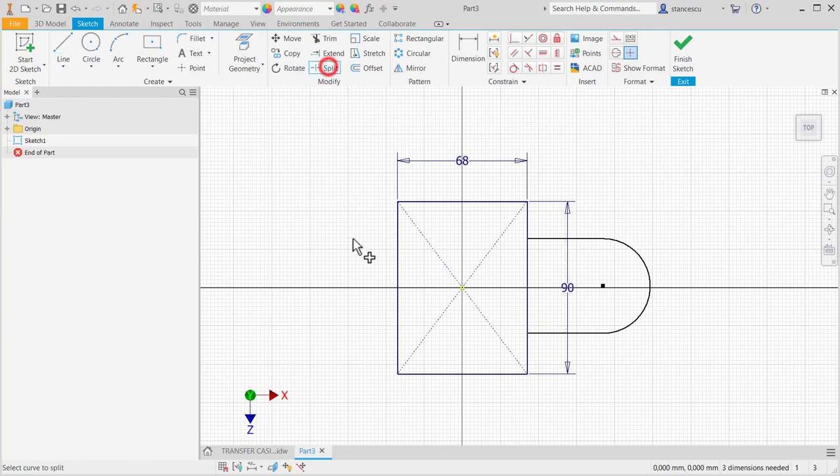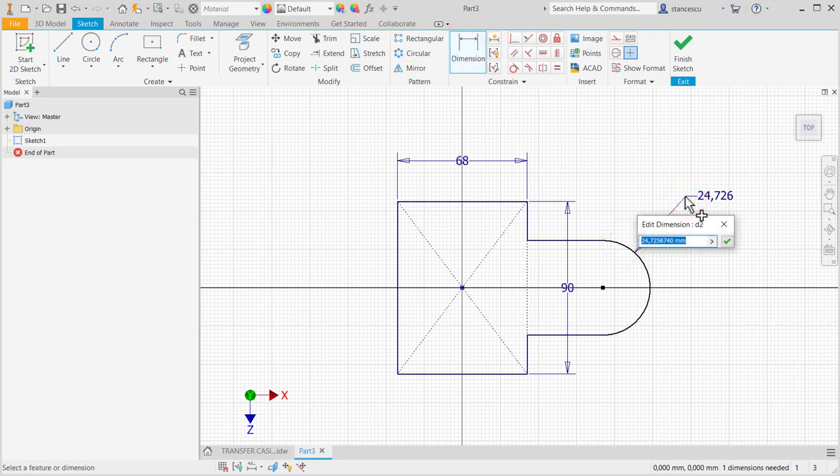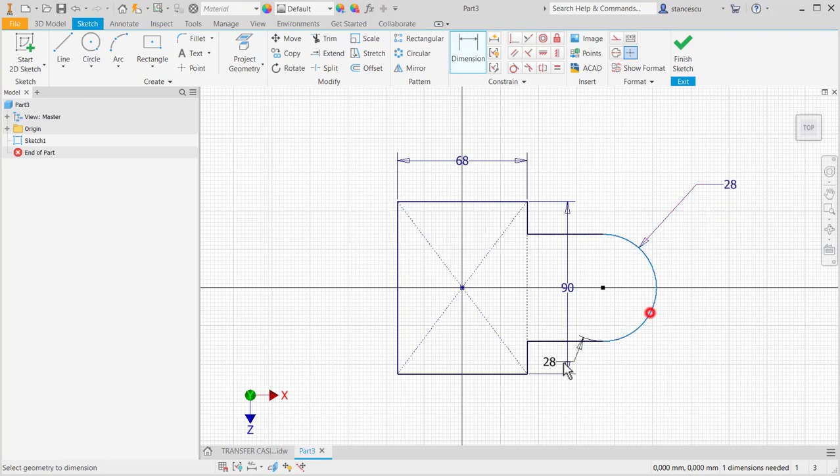Now split these two to make it construction, the same horizontal of these 2 points, radius 56 divided by 2, and the distance of 60, fully constrained.